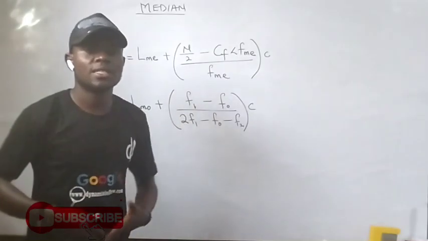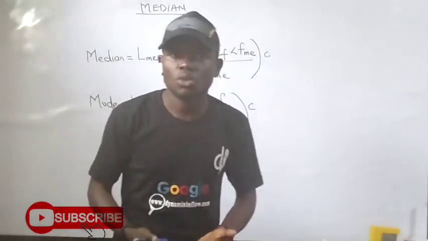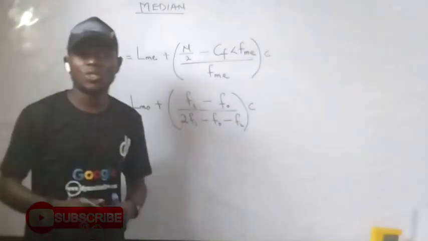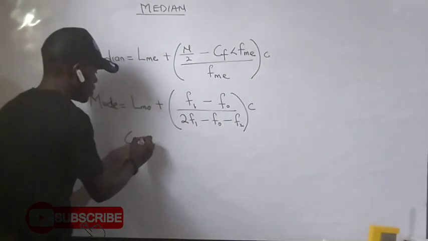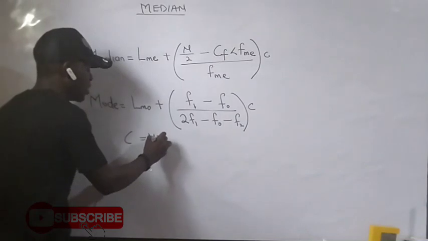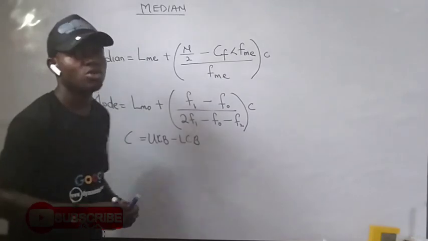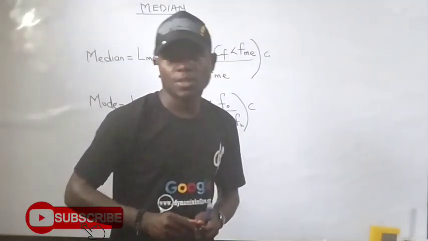The succeeding class is the class just after the modal class, times your class size. And class size is the upper class boundary minus the lower class boundary. That is how we get our class size.